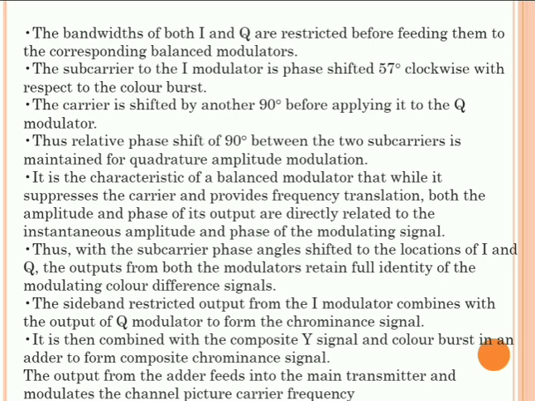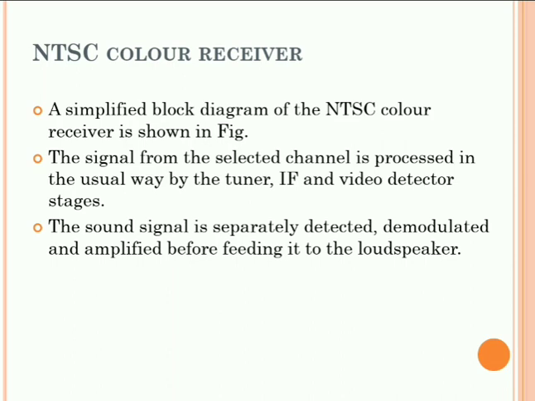Now we will move to the next point, the NTSC decoder, which is at the receiver side. As we have seen, the NTSC encoder is at the transmitter side. After the channel, at the receiver side, we have the NTSC color receiver. A simplified block diagram of the NTSC color receiver is shown in the figure.